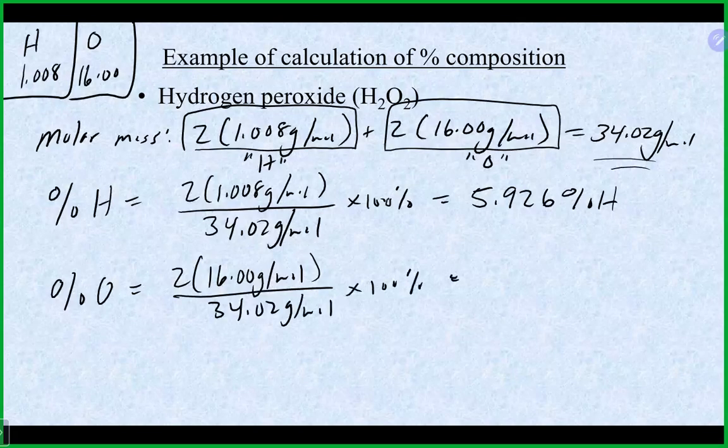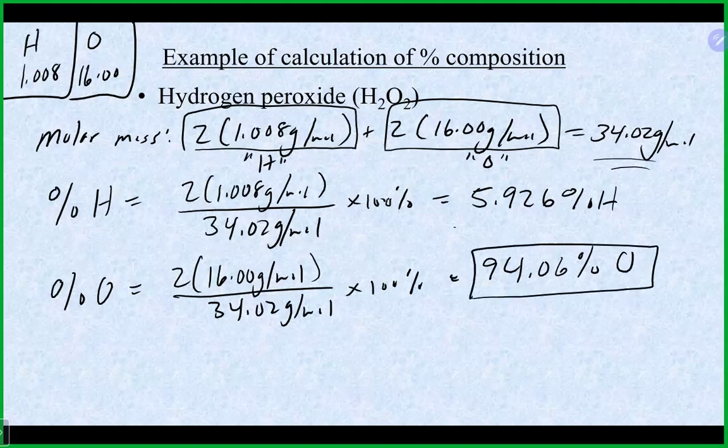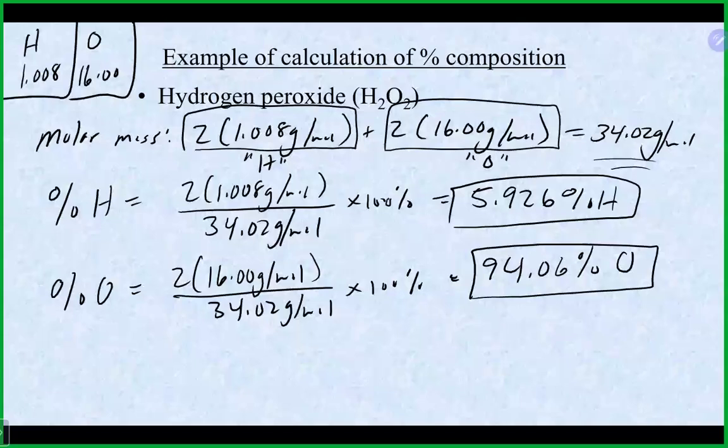And that will get us here 32 divided by 34.02 times 100, about 94.06% is made up of oxygen in this case. Obviously, these are the 2 elements involved, and we can see it is mainly made up of oxygen by mass. We also could see that we got approximately 100% total.